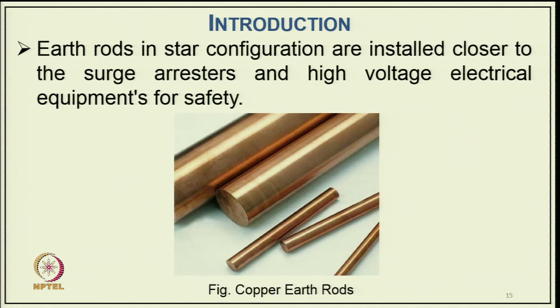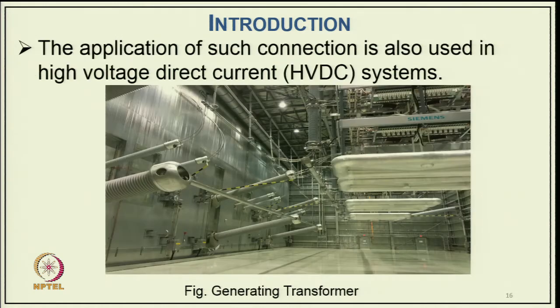Then earth rods in star configuration are installed closer to the surge arrestor and high voltage electrical equipment for safety, to provide a very low resistance path for lightning and other surges in the ground, so that the equipment is safe.